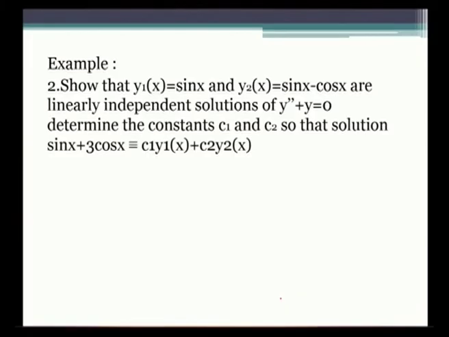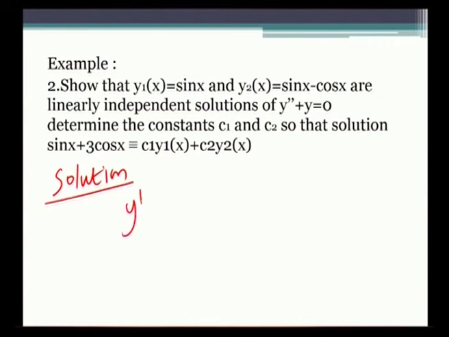The exact problem is: show that y1 of x is equal to sin x and y2 of x is equal to sin x minus cos x are linearly independent solutions of the differential equation y double prime plus y is equal to 0, and determine the constants C1 and C2, so that sin x plus 3 cos x is equal to C1 y1 of x plus C2 y2 of x. This is the problem. The solution to that problem will be like this.